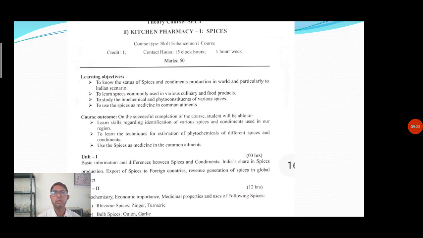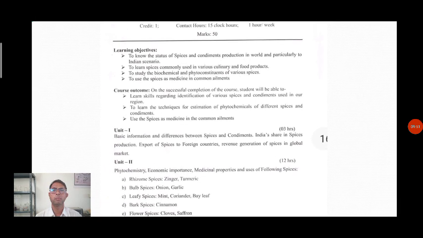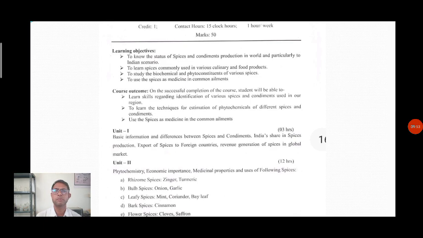And the most important outcome is to use spices as medicine for common elements. So this is the most important type of subject, which gives common uses of medicinal plants, common uses of the pharmaceutical structures available in plants.